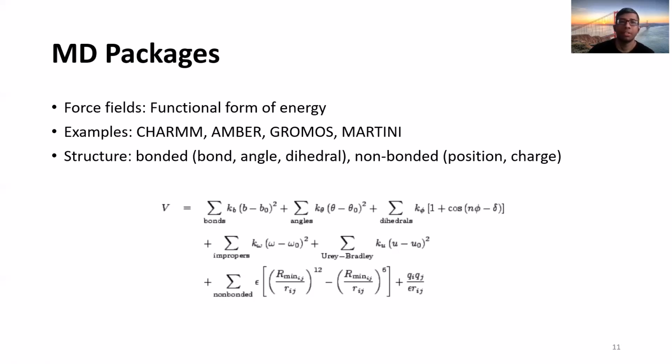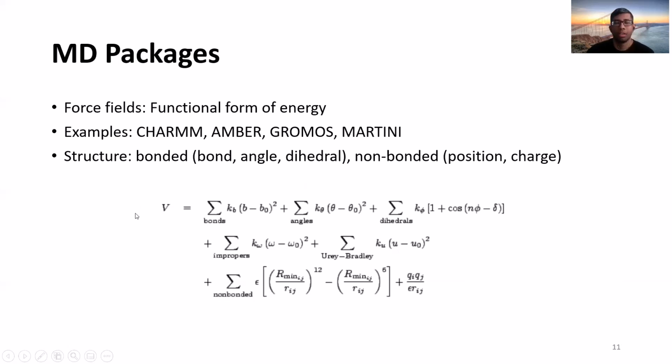And in these functional forms of energy, you are defining parameters like the structure. Think about a protein structure. There are atoms, and between those atoms there are bonds, angles, out of plane interactions, and also non-bonded interactions, for their specific position in 3D space and for their specific charge.